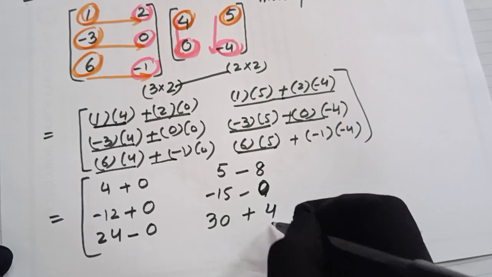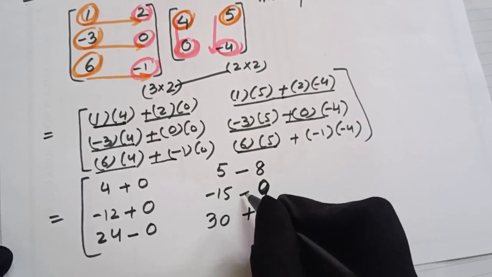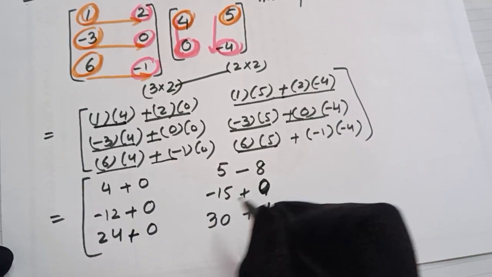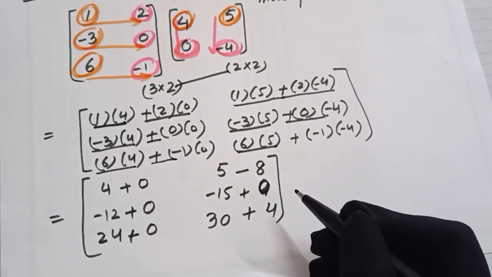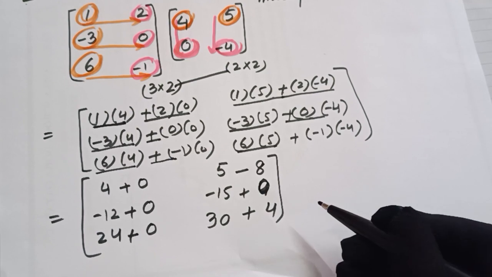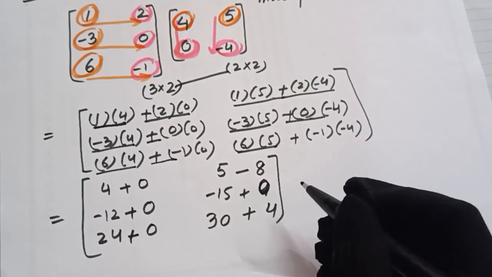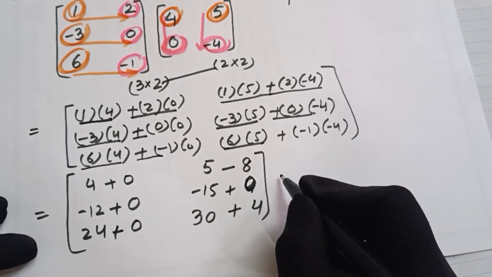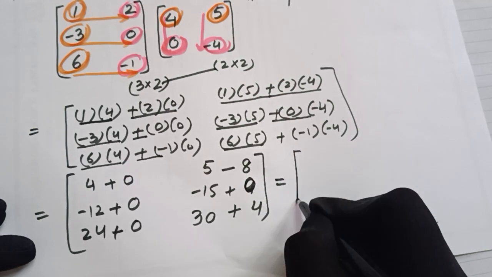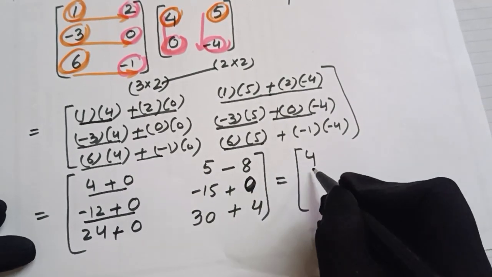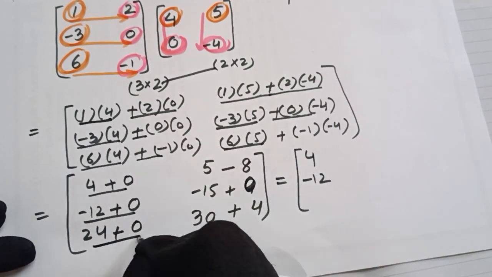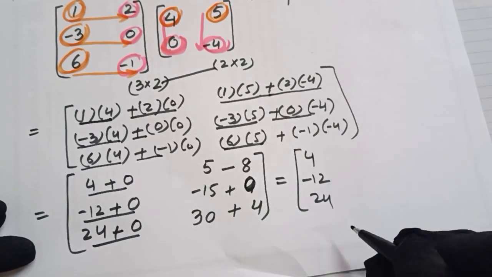1 4s are 4. Here with the plus, always we consider 0 as in the addition form. 0 doesn't have a positive or negative sign, but we are just writing a positive sign. So you can write like this. In this way, it's 4 plus 0 is 4, minus 12 plus 0 is minus 12, 24 plus 0 is 24.